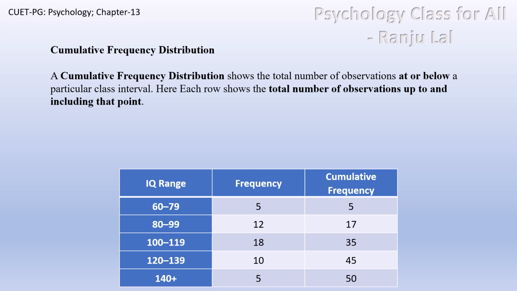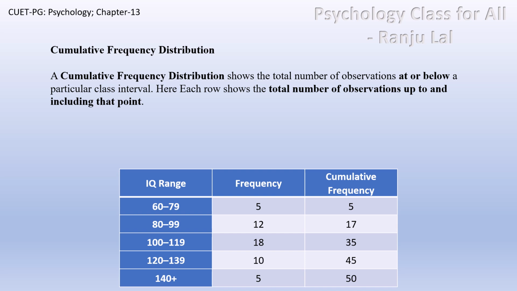Here, three columns are there: IQ range, frequency, and the cumulative frequency. The first column is about the scores presented in class intervals. Next is the frequency of scores falling under the related class interval. The third column is about cumulative frequency. The second row is the addition of the first and second frequency from the top, as 5 plus 12 is 17, written in the second row.